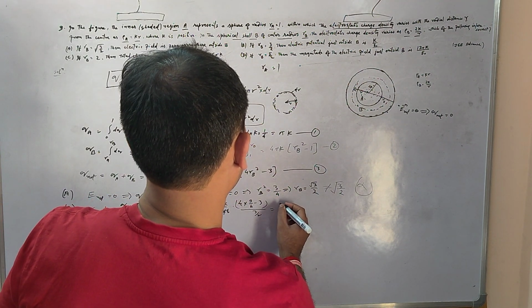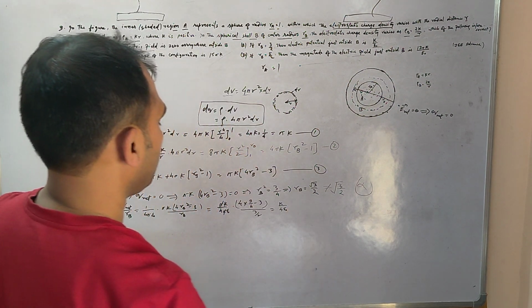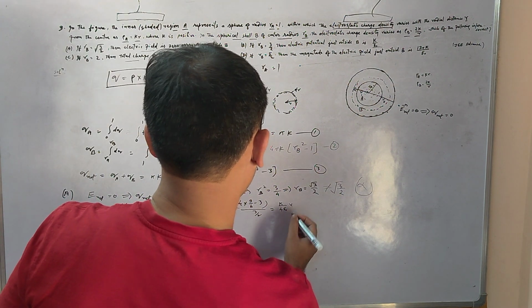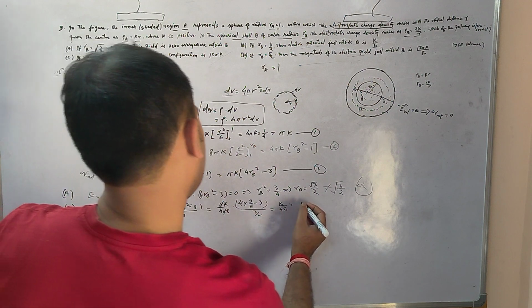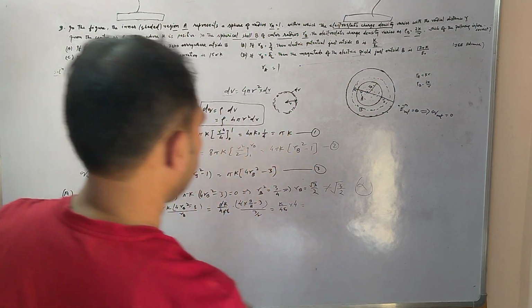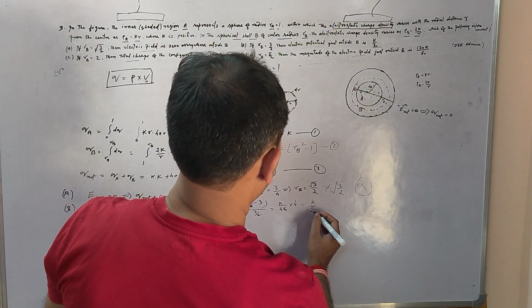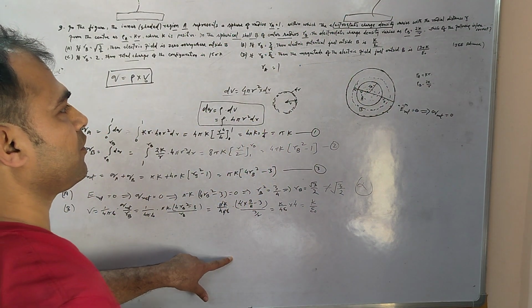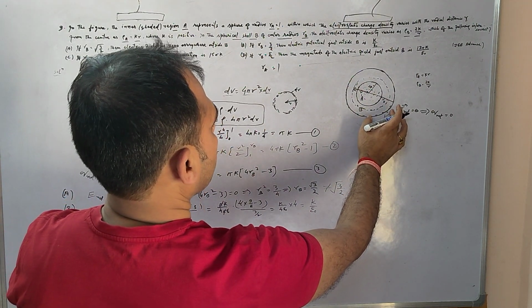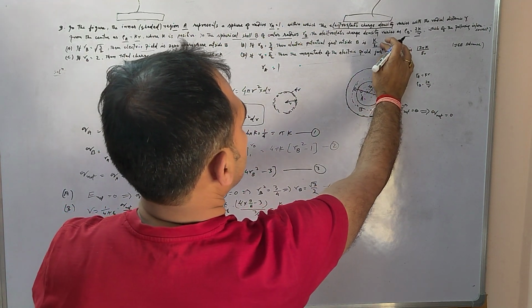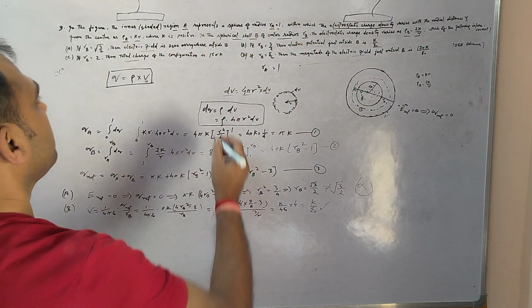So this is K by 4 pi epsilon naught into, 4 cancels out, 6 into this will be 4. So the potential will be K by epsilon naught just outside sphere B. This is given K by epsilon naught. So statement B is correct. This is wrong.